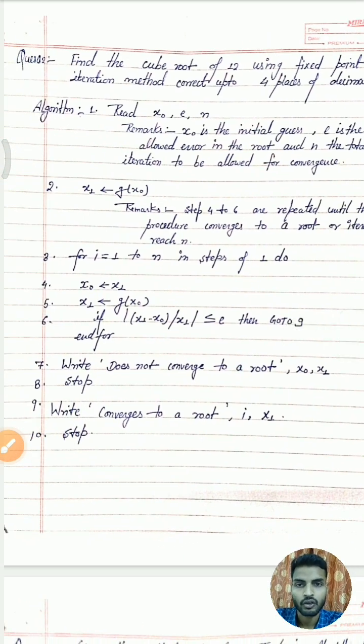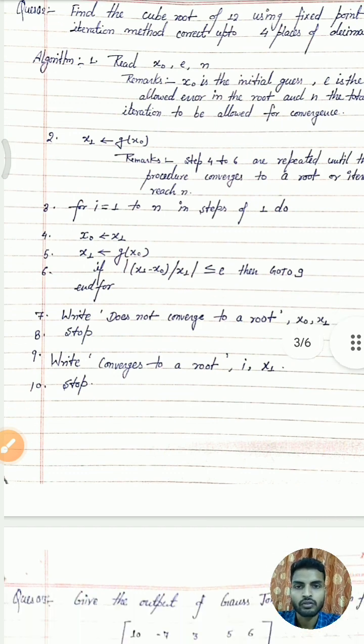The third step is for i equal to 1 to n in steps of 1. Then x0 equals x1 and x1 equals g(x0). Sixth step: if the absolute value of (x1 minus x0) upon x1 is smaller than e, then go to step 9; otherwise continue. Seventh step: write does not converge to a root, with x0 and x1.